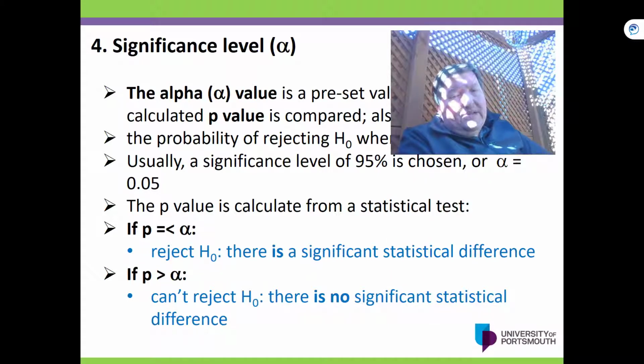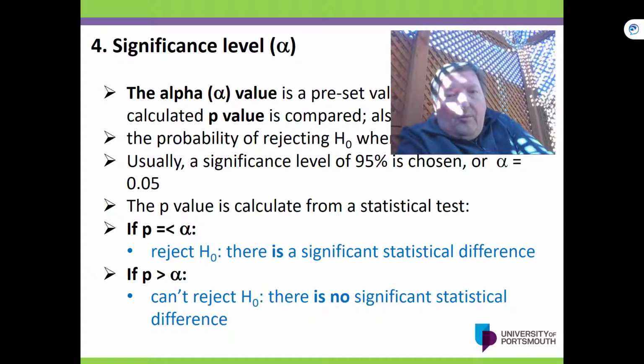If the p-value is less than or equal to alpha, then you reject H0. In other words, there is a statistical difference between the two groups. If p is greater than alpha, then you can't reject H0, and there is no significant difference between the two groups.